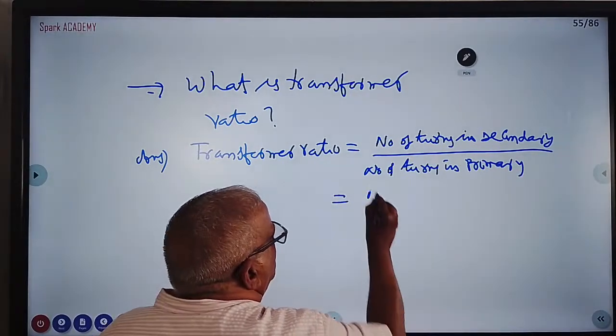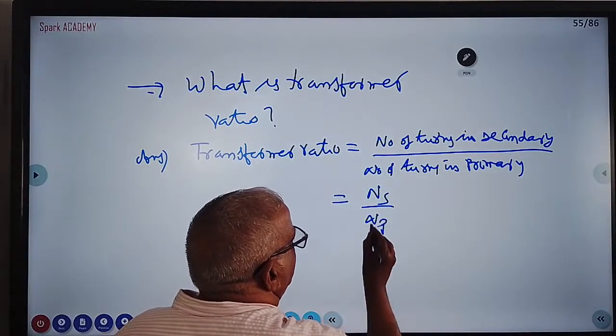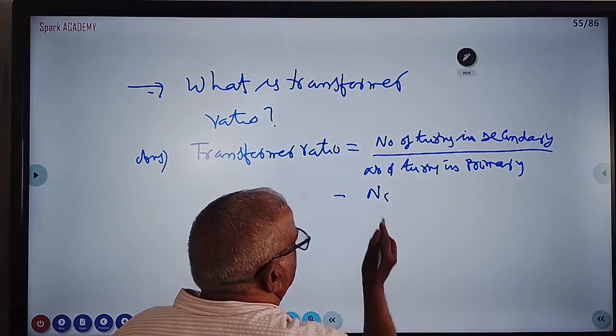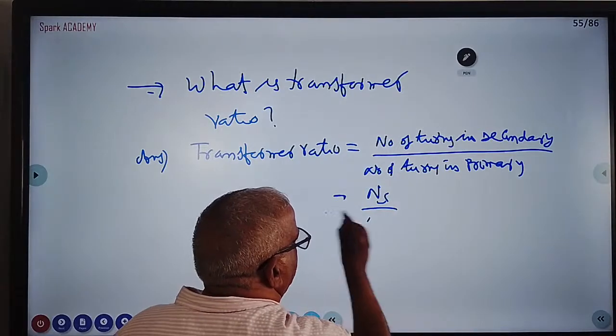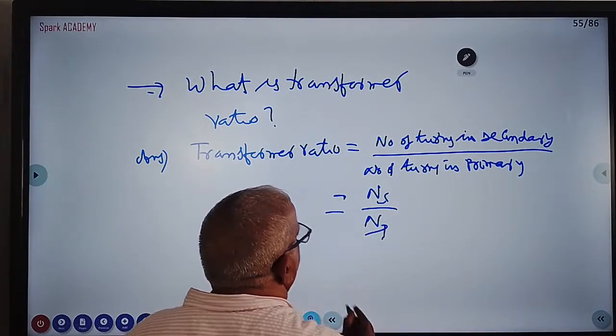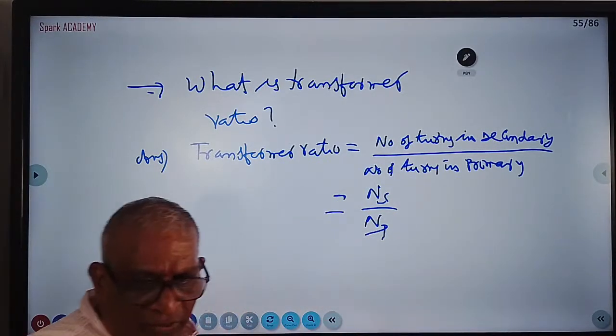That is NS by NP. NS by NP is called the transformation ratio.